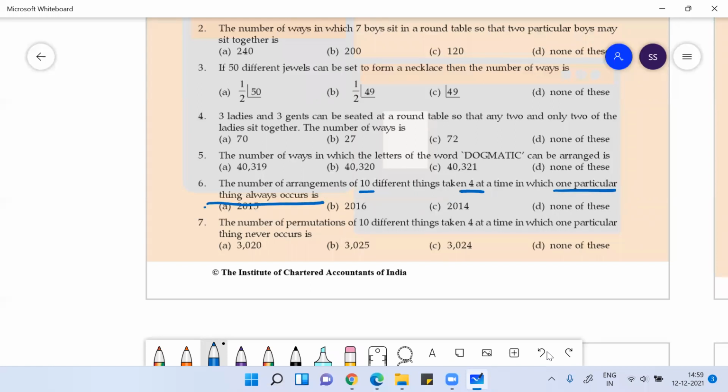Means one is always coming. From 9 objects you need to select 3 objects, because one will always be there. So now you have all the 4 things. Now you have to arrange them in 4 factorial ways. If you solve this, you'll get 2016.